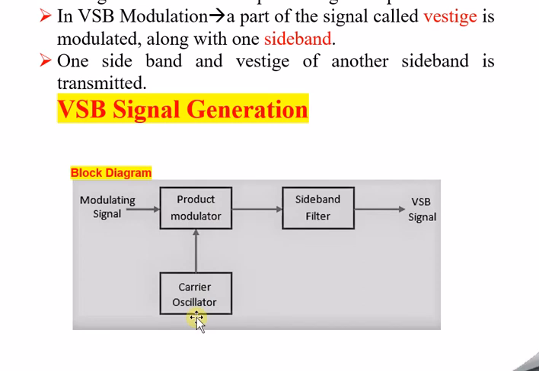Also, as you can see, this is a carrier oscillator which provides the carrier frequency. As you already know, to modulate a signal we require a carrier signal and a message signal. So I am providing the message signal, or modulating signal, or baseband signal, all are one and the same, as input, and at the same time I am also providing the carrier signal as input to the product modulator.